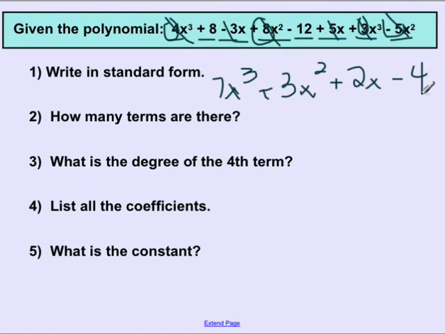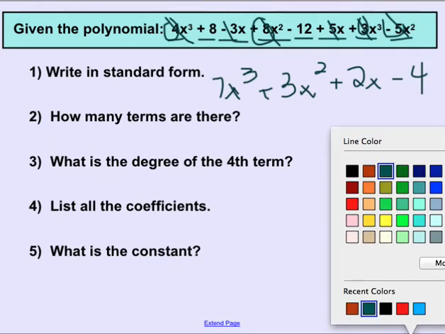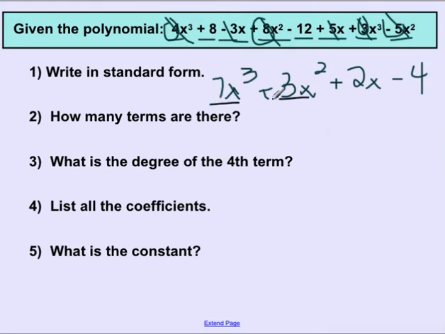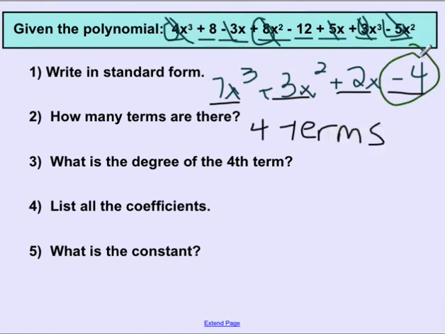So again, just combining like terms. Now it asks how many terms are there? There's 1, 2, 3, 4. So there's 4 terms. What is the degree of the 4th term? Well, the 4th term is the constant, and the degree of a constant is always 0. Next, it asks us to list all the coefficients.